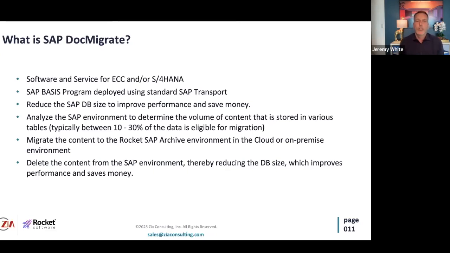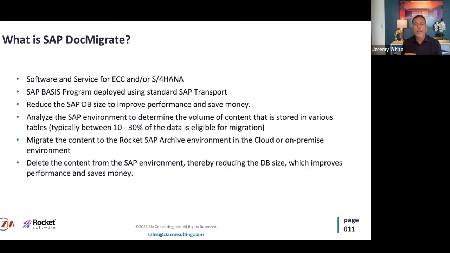As Jim mentioned earlier, the main thing we're trying to do here is improve performance, reduce backups, and ensure that we're as streamlined as possible from a cost perspective when we're talking about the money we're going to spend in S/4HANA. The number I'm talking about here, between 10 and 30%, is different from the number Jim's talking about.